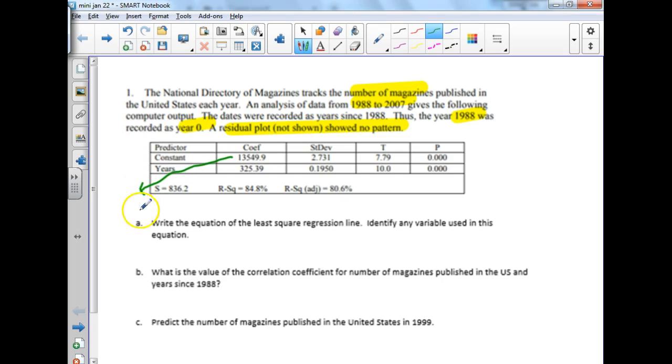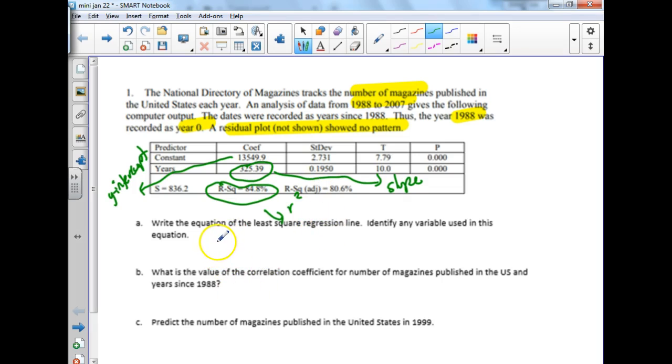This constant right here is always going to give us our y-intercept. This value right here will always tell us our slope. And this value right here will always give us our r squared. We're going to use that a little bit later on.